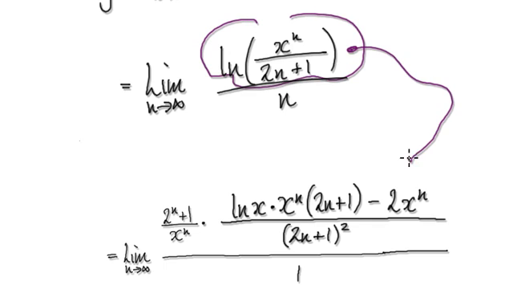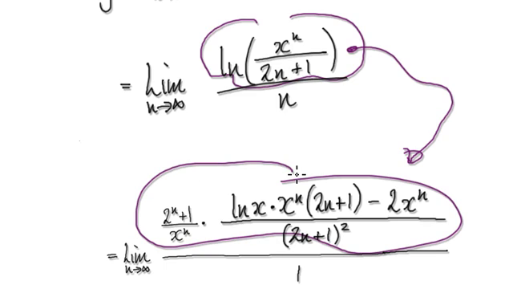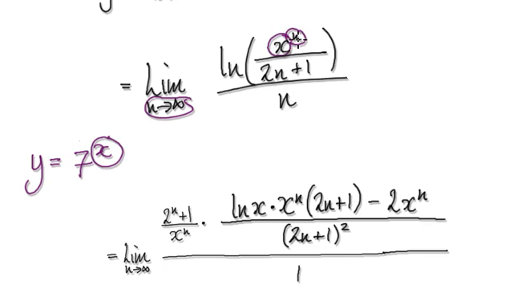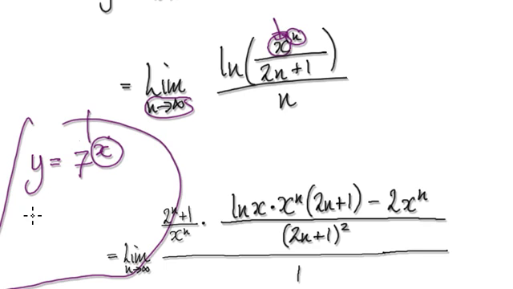So differentiate this. That will then give you this whole thing here. Remember, when you differentiate this, x is fixed. It is the n that's moving about. If I were to give you, let's say, y equals 7 to the power of x, don't forget this x is different from this x. This is totally different.